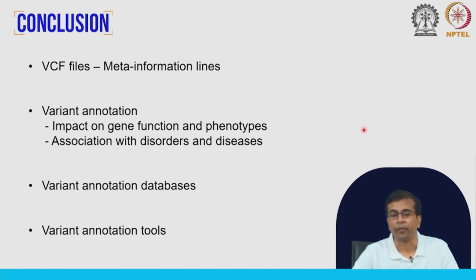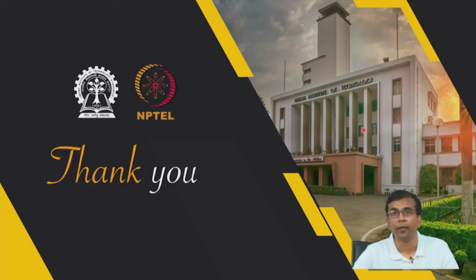Then we talked about variant annotation, looking at the possible impact of variants on gene function and phenotypes, and associating them with disorders and diseases if they are already known. We talked about variant annotation databases that are useful especially with human data, and also some variant annotation tools. Thank you.